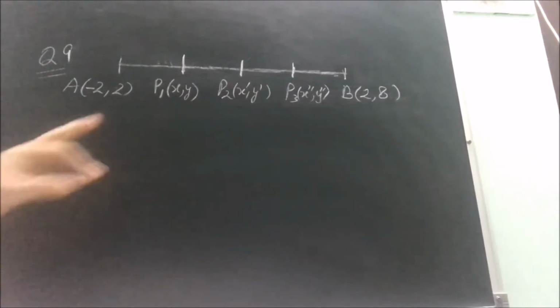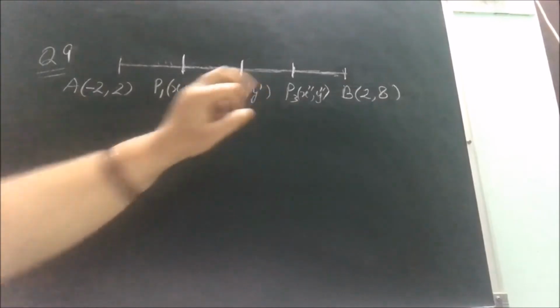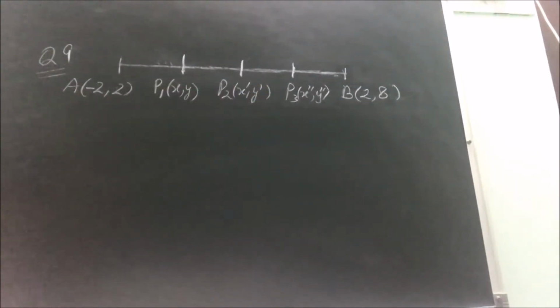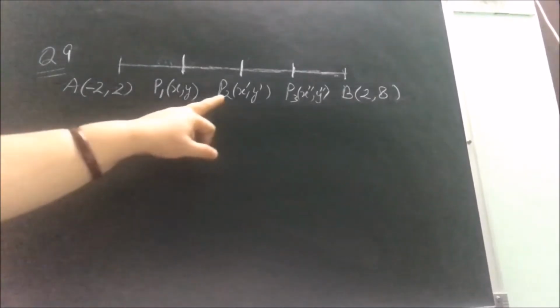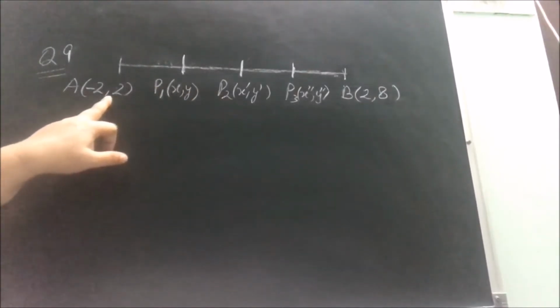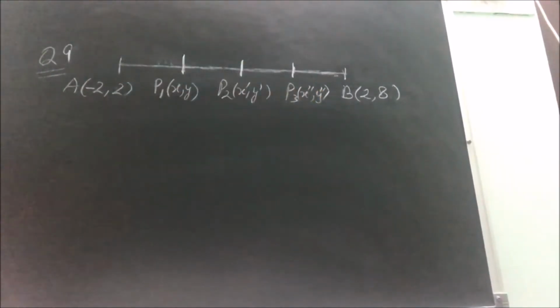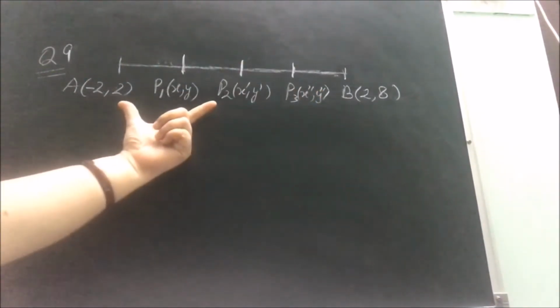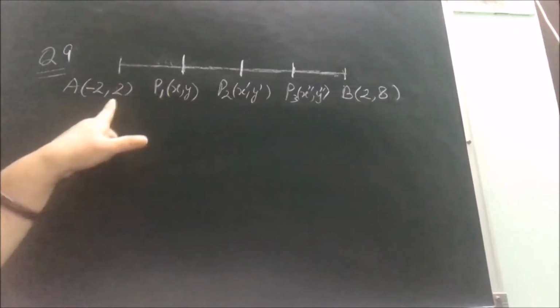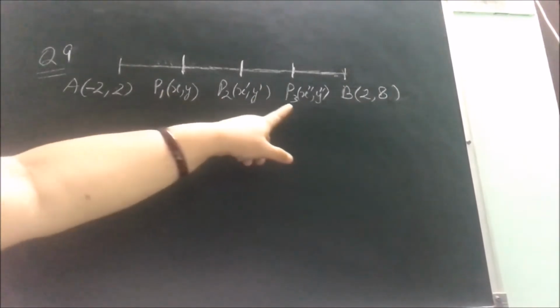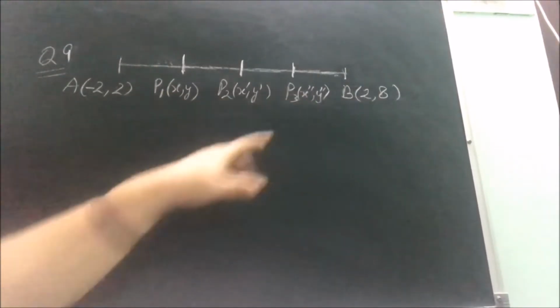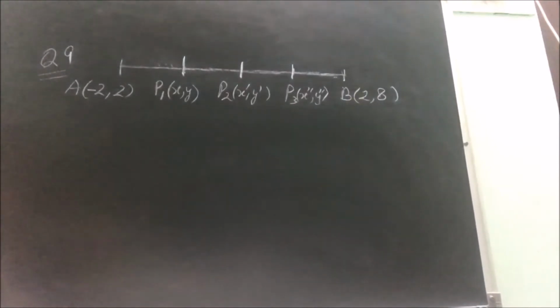So let P1, P2 and P3 be the 3 required points which divide the line segment into 4 equal parts. It is very clear that P2 is the midpoint of AB. Similarly, P1 is the midpoint of AP2 and P3 is the midpoint of P2B. So using the midpoint formula, we can find out the coordinates of these 3 points.